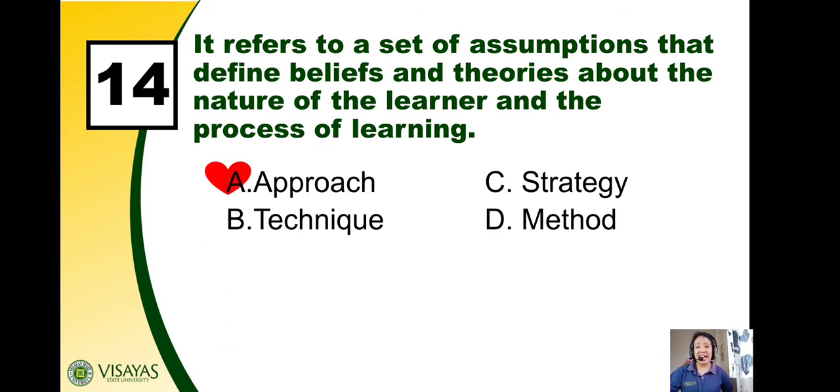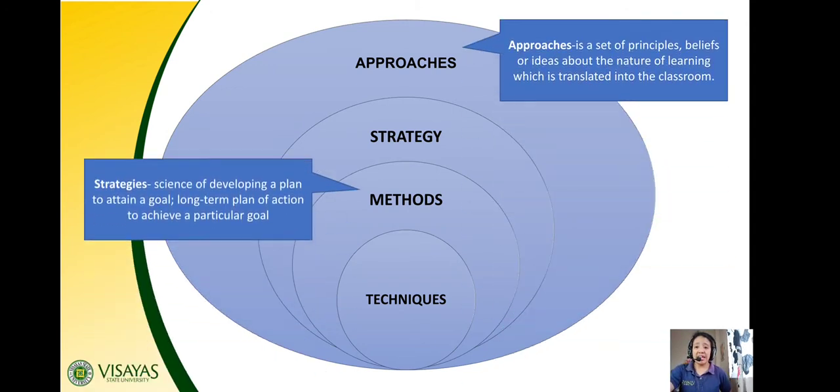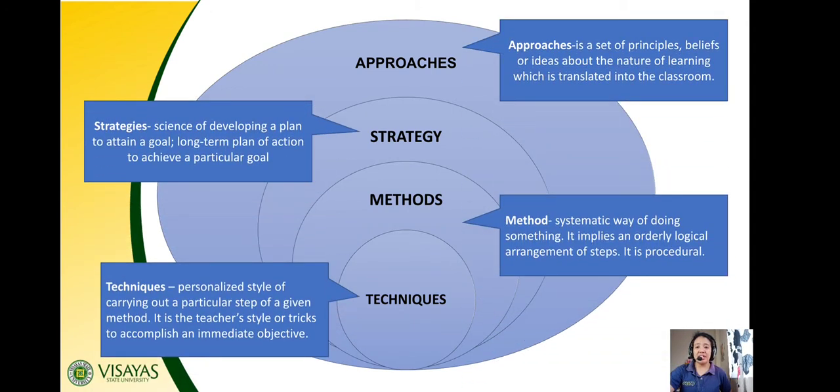The answer, class, is letter A, approach, because this is more on set of assumptions that define beliefs and theories. Okay, so para maintindihan natin, try to read this one, try to analyze their differences. So we have approach, set of principles or beliefs or ideas about the nature of learning, which is translated into the classroom.